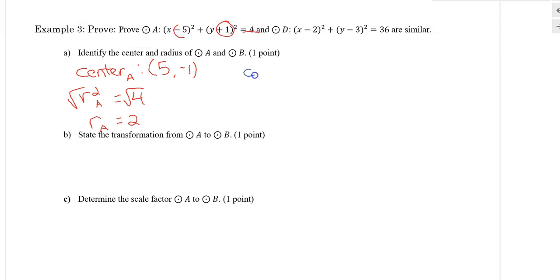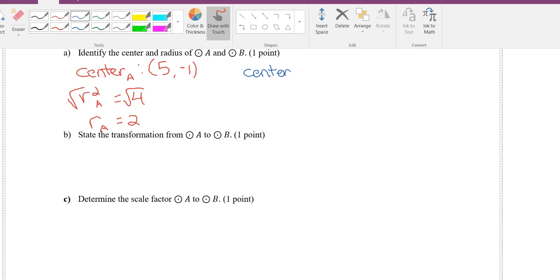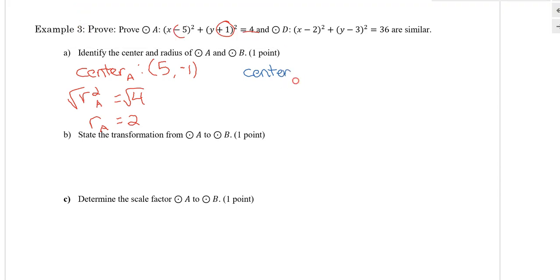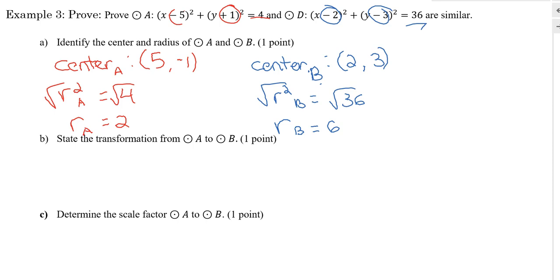Same thing for B. The center of B is at 2, 3. r² of B equals 36, so the square root gives r equals 6.